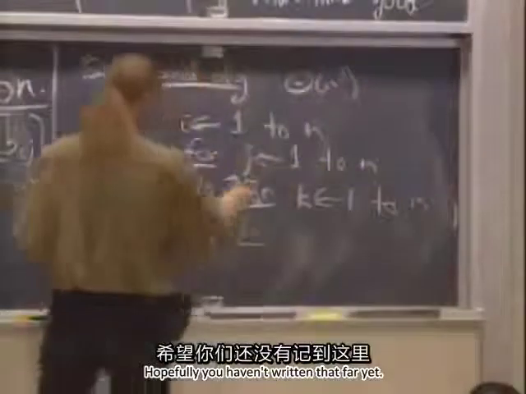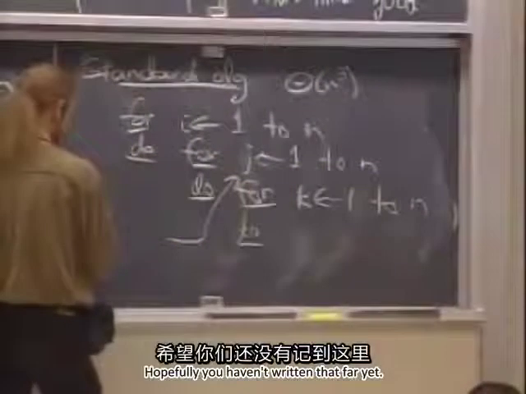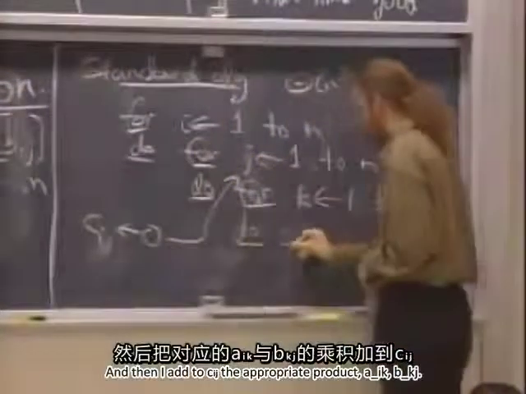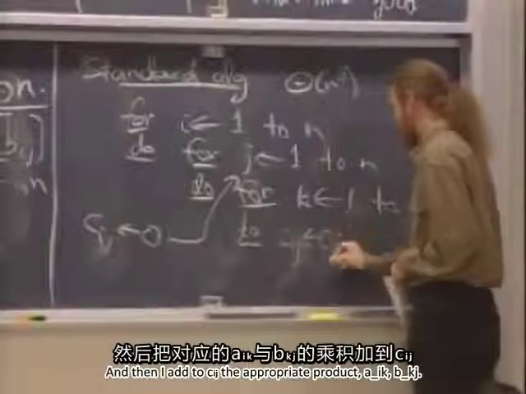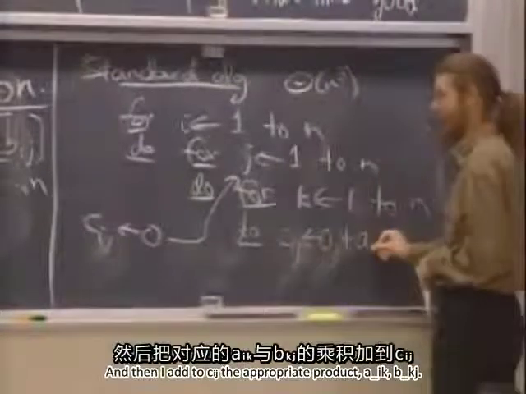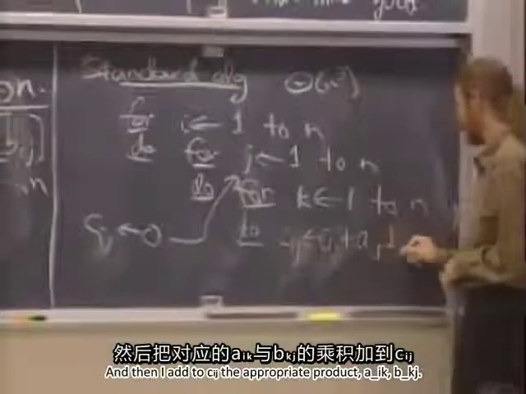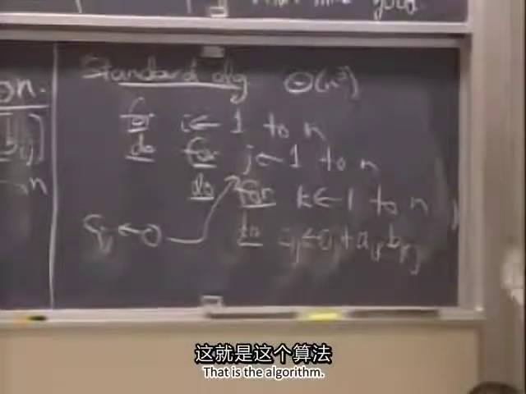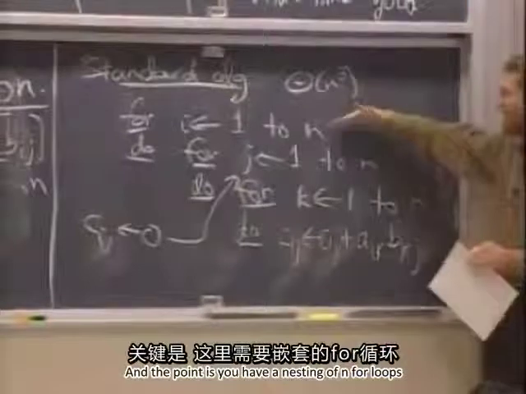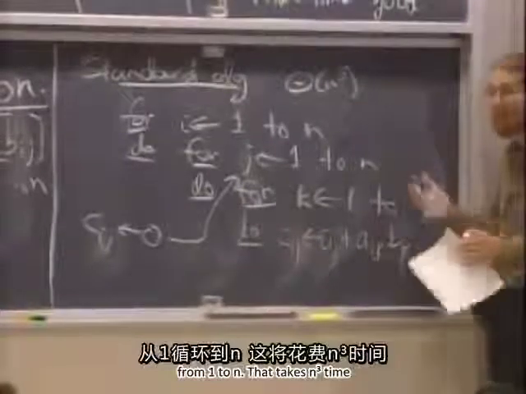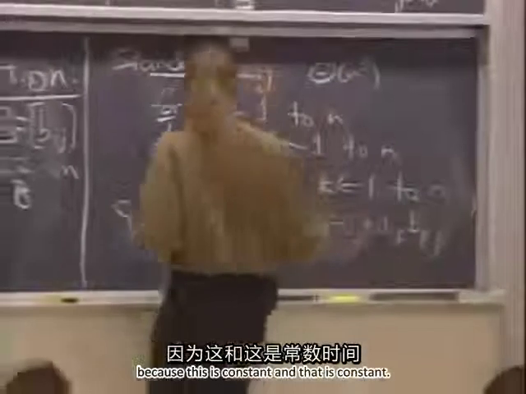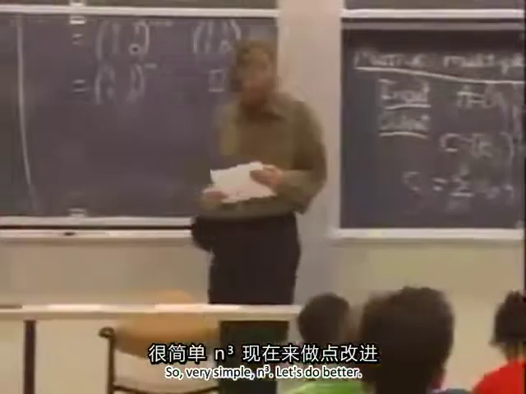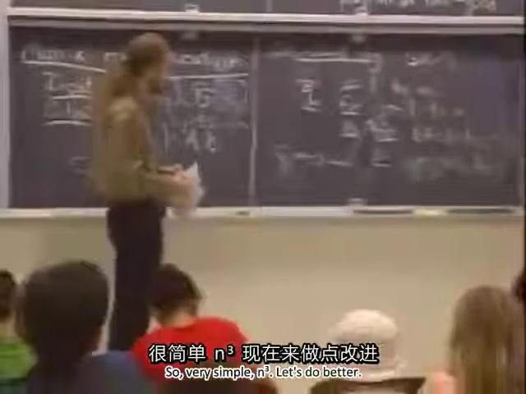I need c_ij to be initialized to 0, and then I add to c_ij the appropriate product, a_ik times b_kj. So that's the algorithm. The point is you have a nesting of n for loops from 1 to n. That takes n cubed time, because this is constant, and that's constant. So very simple, n cubed. Let's do better.